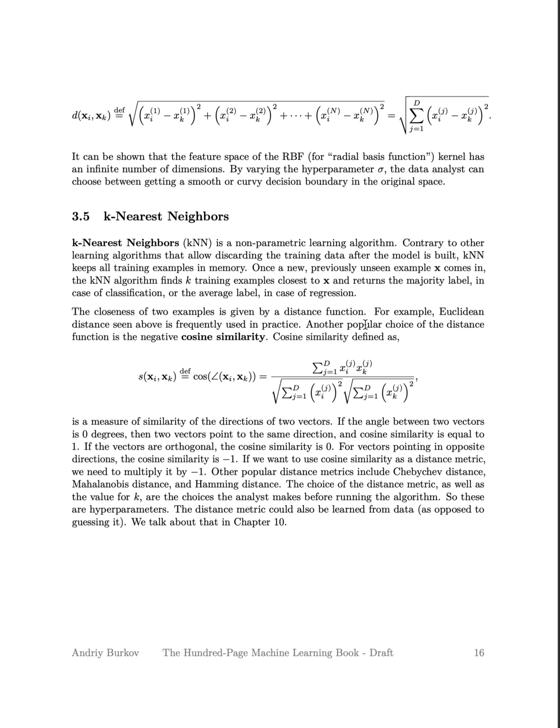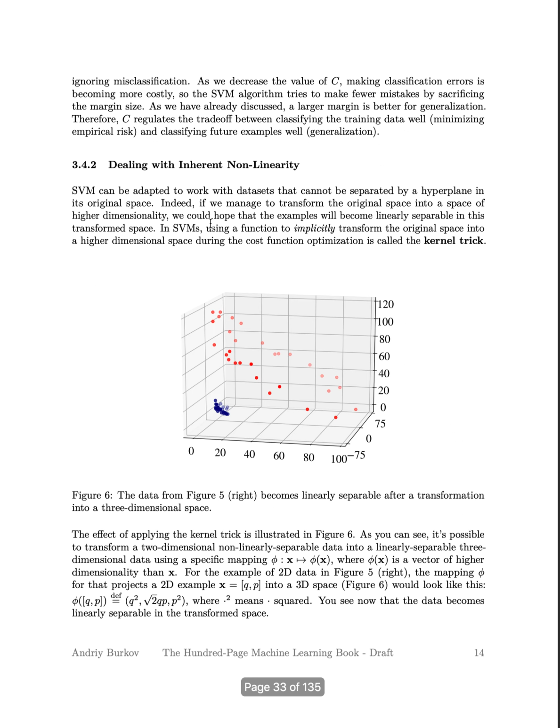Again here you can see that Euclidean distance is most often used, right? Another is negative cosine similarity. Euclidean distance is simply the Pythagoras theorem. In this example it will try to find the distance between this point and this point, and to do that it connects a line from this point to the x-axis and this point to the y-axis.